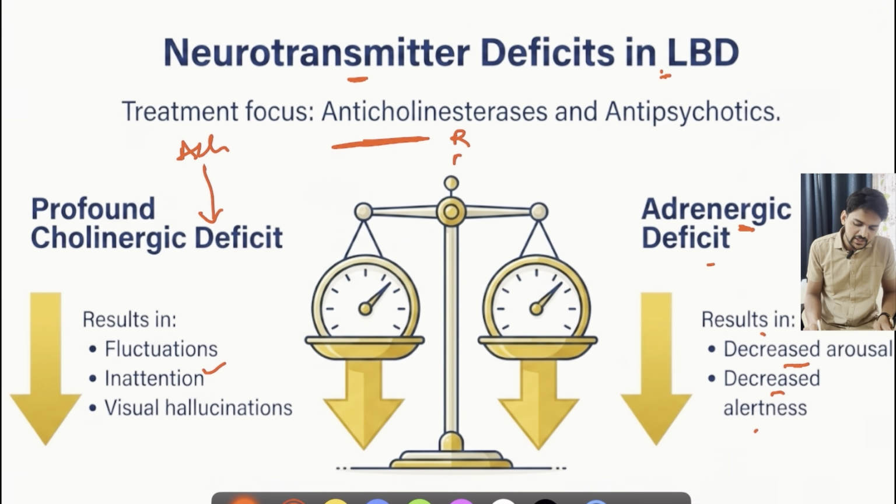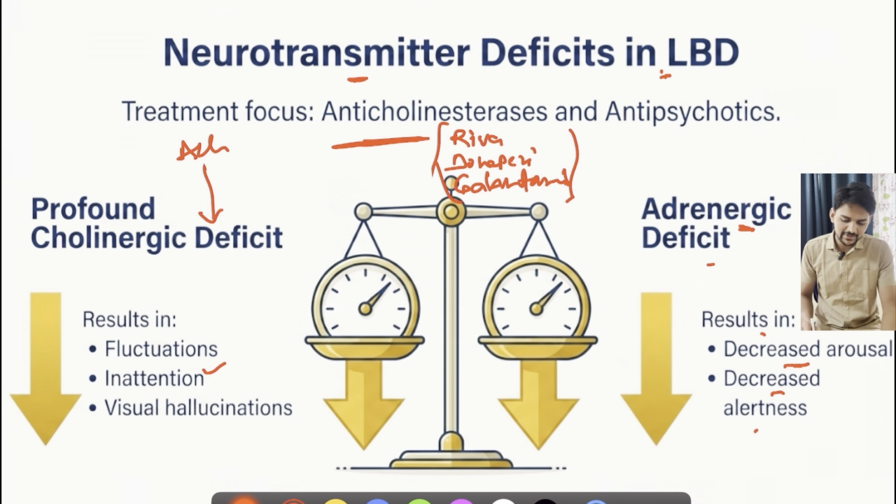For example, rivastigmine, donepezil and galantamine. These will inhibit the central acetylcholinesterase, leading to increased availability of acetylcholine in the synapses. And we can use antipsychotic therapy, which will increase the level of adrenaline, noradrenaline or serotonin, resulting in improvement in the arousal or alertness.